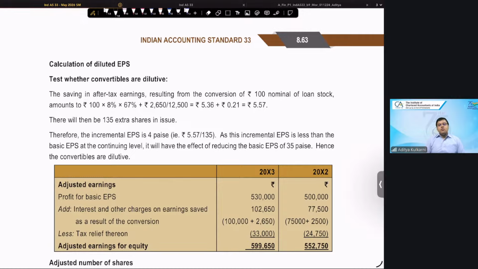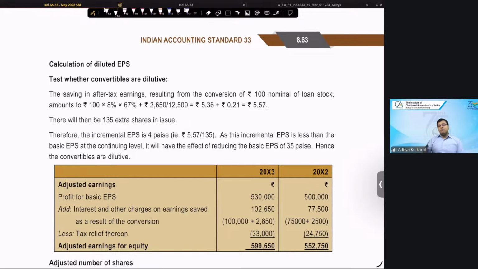Lastly, when you have multiple conversion options, which option should you select? You should select that option which gives maximum possible dilution, because that is the worst case scenario in reference to EPS, because maximum dilution means maximum number of shares in the denominator.